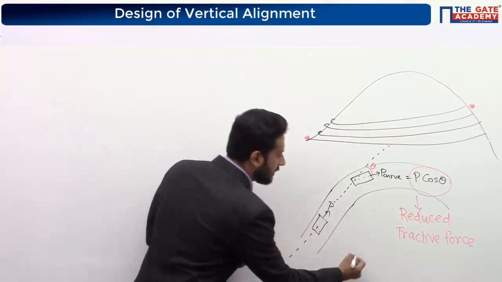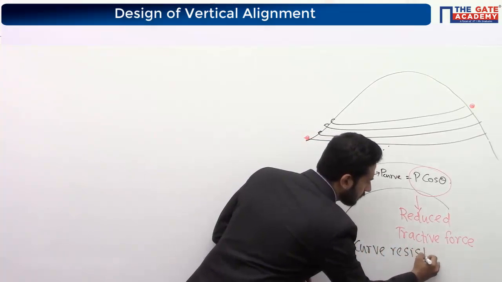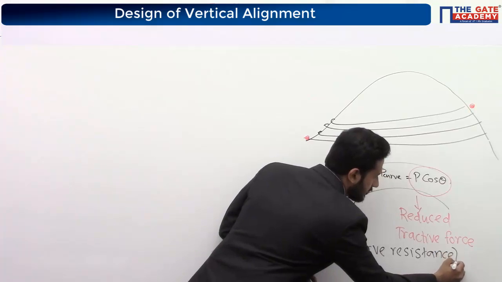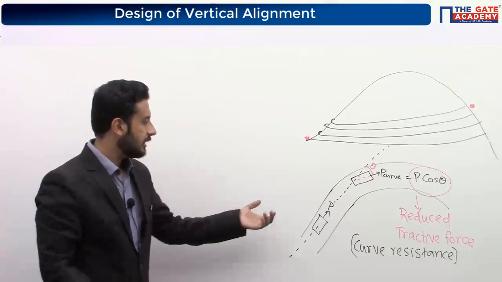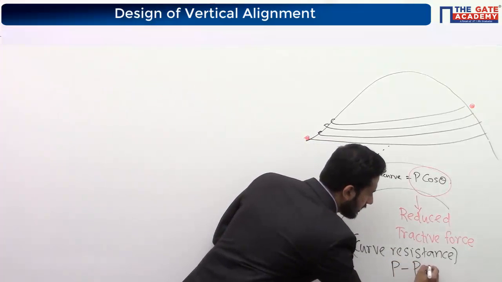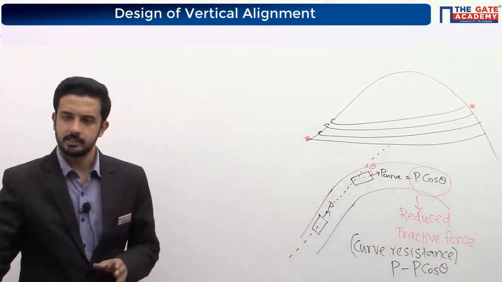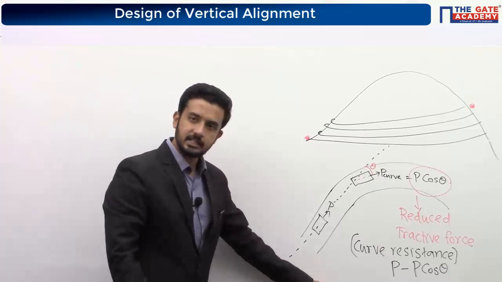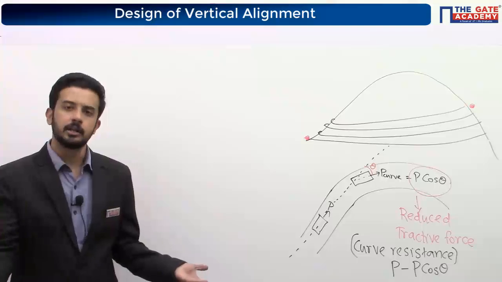This phenomenon I can call curve resistance. So how much is the curve resistance actually? That decrease. P minus P cos theta, I can call it the curve resistance, just for your information. I was having P, but now I am having P cos theta. Why did it get reduced?